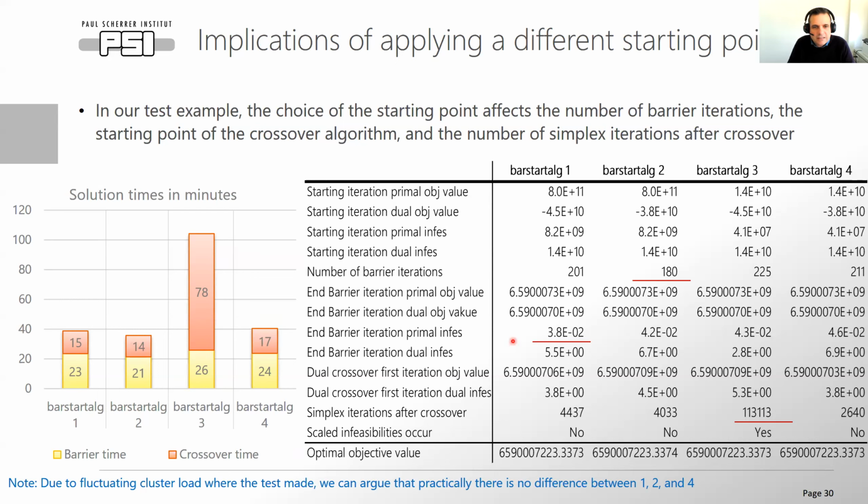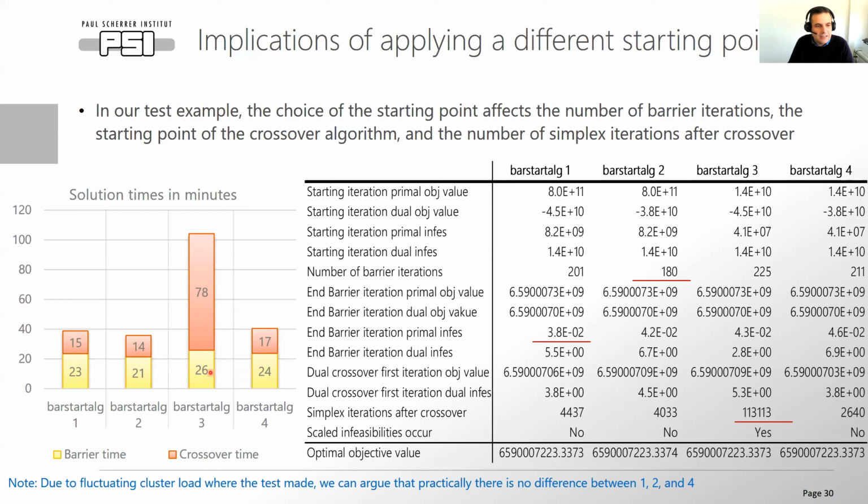But what we can see here is how the starting algorithm influences the barrier iterations. You can see the number of barrier iterations changes according to the bar start algorithm that is used. This also affects, of course, the starting point that the crossover takes, how much time the crossover will take, and how many simplex iterations we're going to have after crossover.